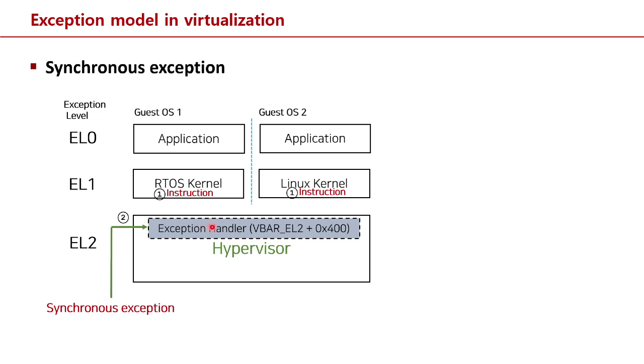What is going to happen after the exception occurred at exception level 1 in this case?